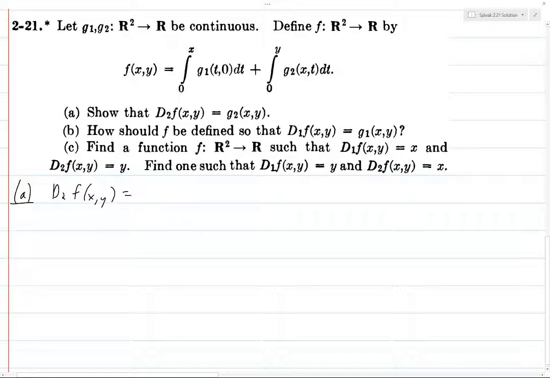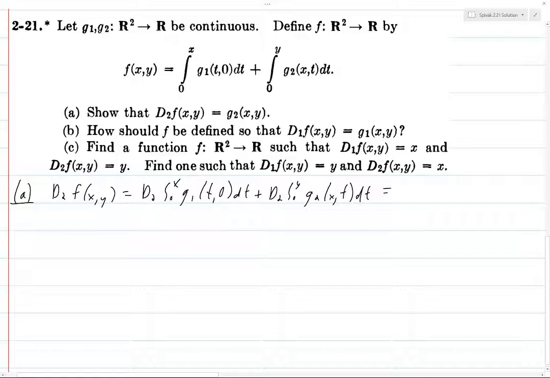And then for the second term, we take the derivative. I'll write the first term out: g1 of t, 0 dt, plus d2 of the integral from 0 to y of g2 of x, t dt. So the first term I've written here is 0.